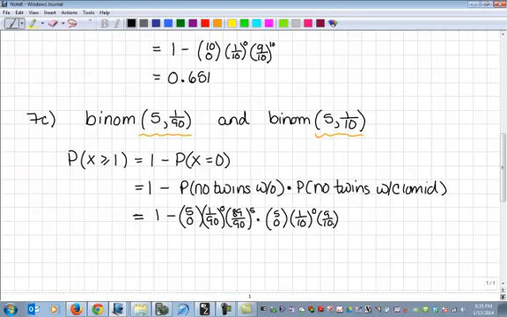So I can put that in my calculator as a binom PDF times a binom PDF, 1 minus that, and I get 0.442. So there's a 44.2% chance.